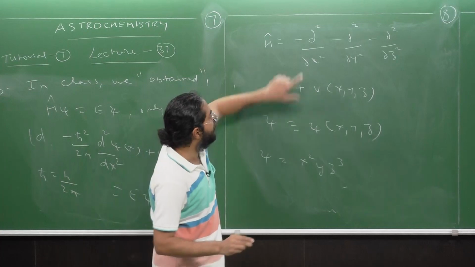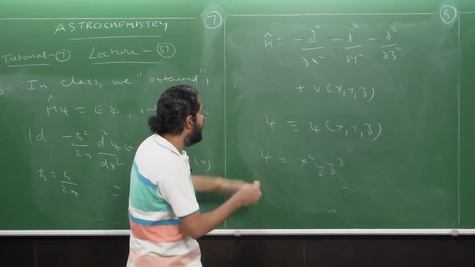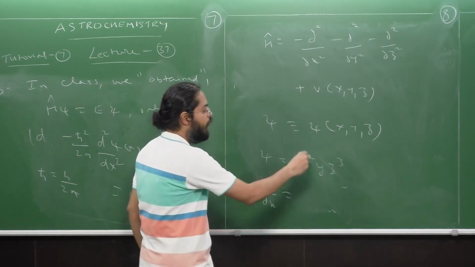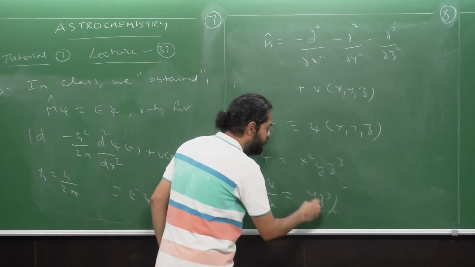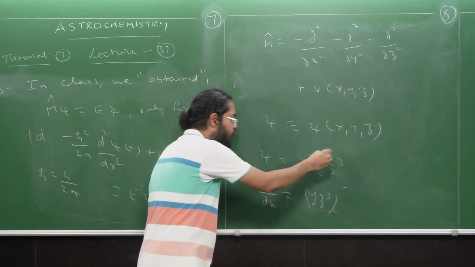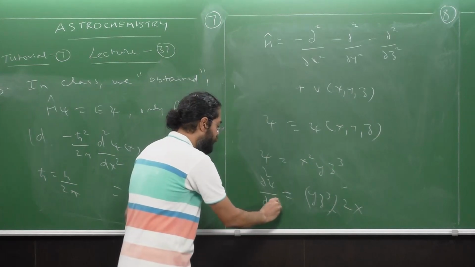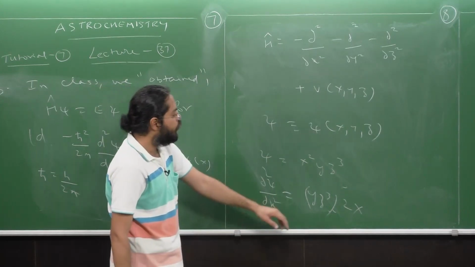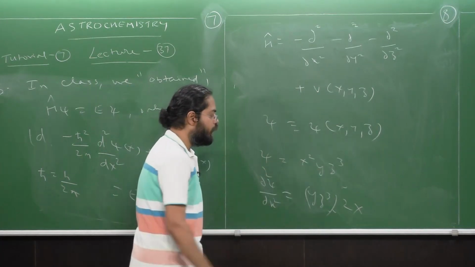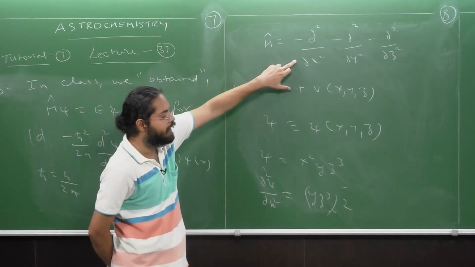Now, because the motion along my x direction is independent of y and z, as I get my dou psi by dou x, for example, I'm going to treat y z cube as constants. The y and z terms will be complete constants, and I'm only going to be differentiating the x terms. And so likewise, my dou 2 psi by dou x square is again going to be a situation wherein the y and z are kept constant, and only the x is differentiated. And so that is how I obtained this.